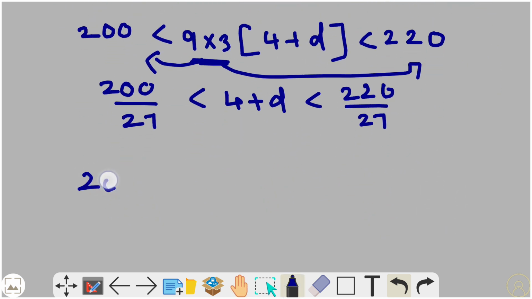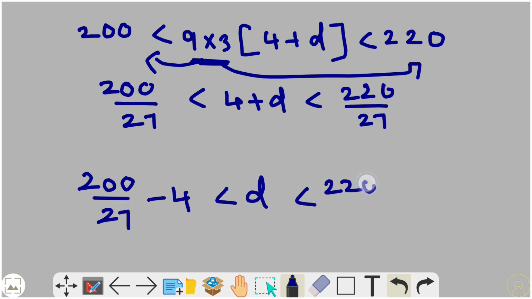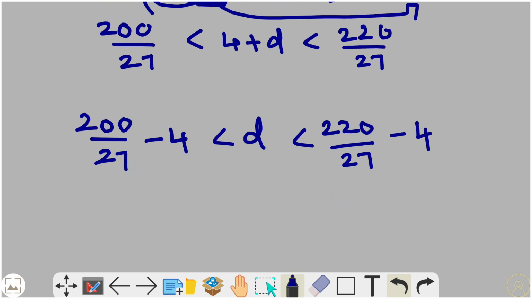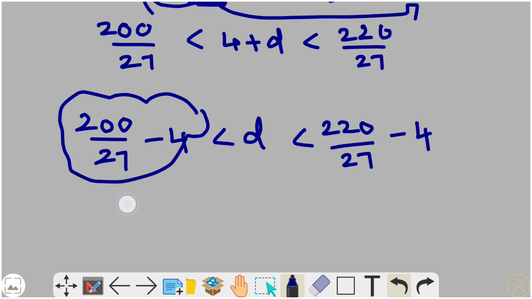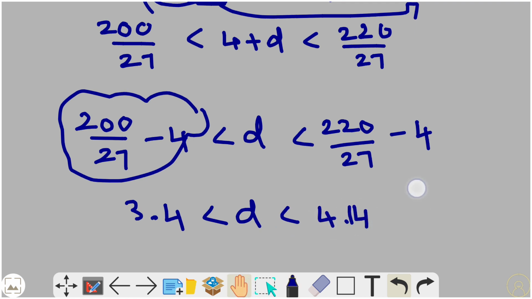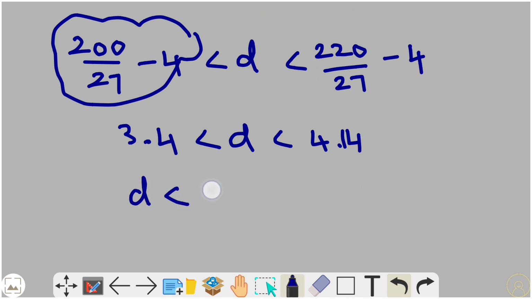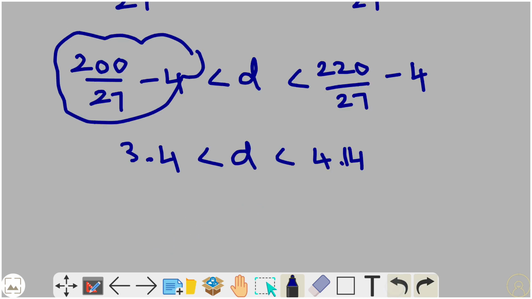So 200 divided by 27 minus 4 is less than d, less than 220 divided by 27 minus 4. If you calculate this, you will get 3.4 less than d less than 4.14. Now just look at d. d should be greater than 3.4 and less than 4.14.